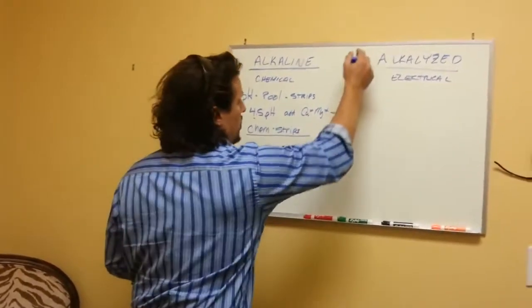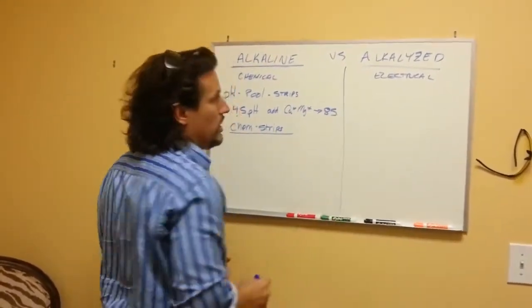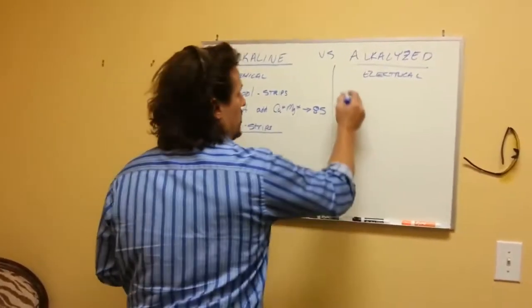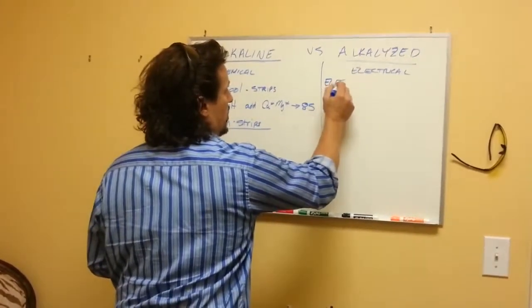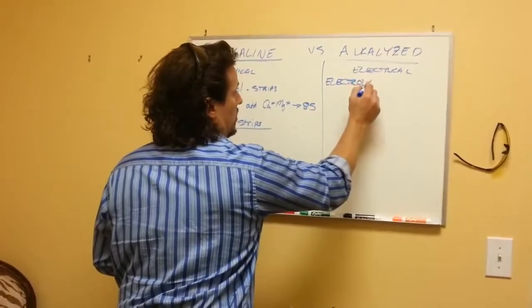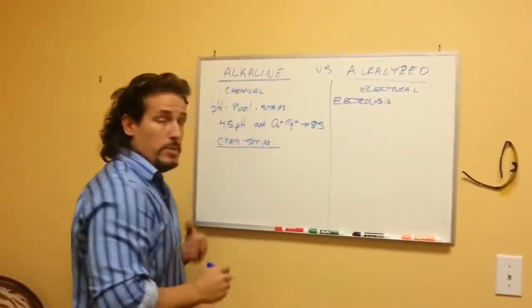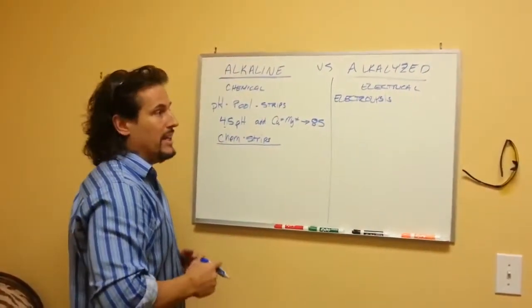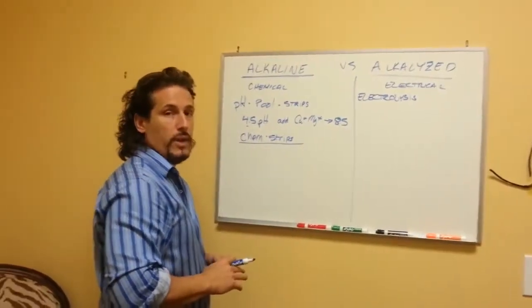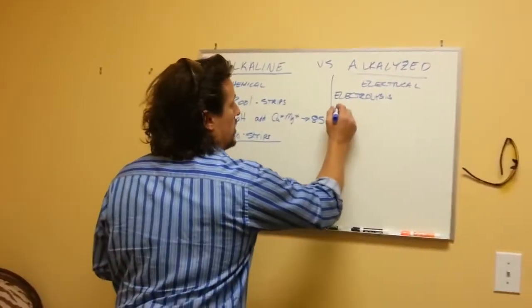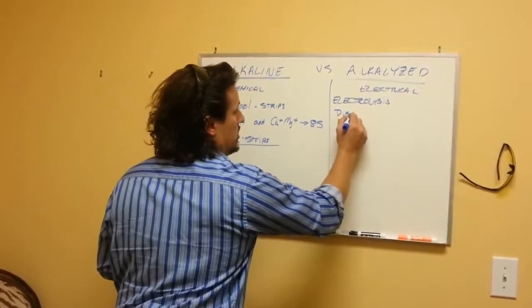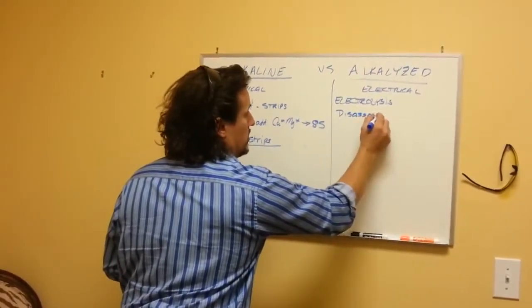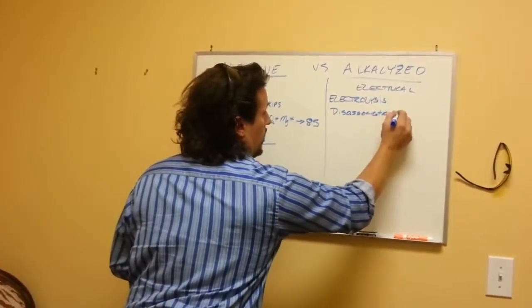However, when you start to compare this to alkalized water, what's going on is there's an electrolysis process, and basically it's shocking the water. It takes an enormous level of energy to do a process that is called the dissociation of water.